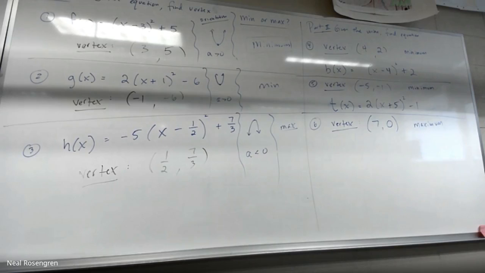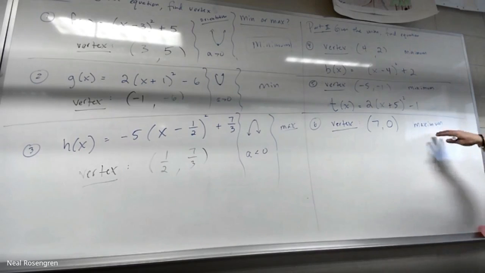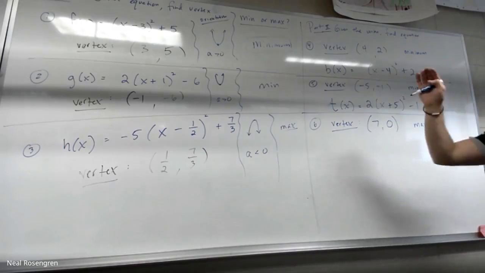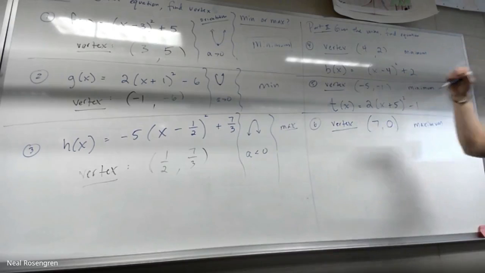All right, so the vertex is over at 7, and y value is 0. And it is the highest point on the graph. Let's come up with a function where that is true. Again, some wiggle room there, because we don't know anything about the stretch, and that's okay, we might not. But let's give it a new name. G, F, H, B, T, give me another one.